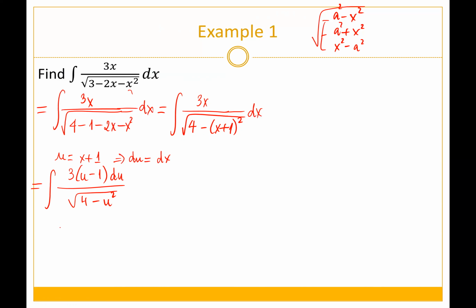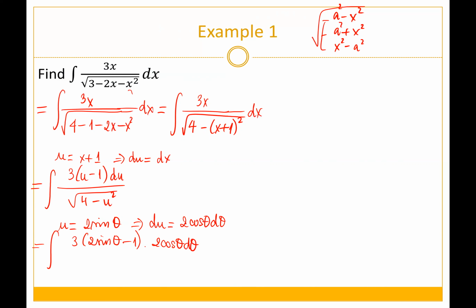Now when we do the substitution, you have u equal to 2 sine theta, because now your a is 2, this is 2 squared. And so du is 2 cosine theta d theta. Your integral will become 3 times 2 sine theta minus 1, times 2 cosine theta d theta, divided by the square root of 4 minus.